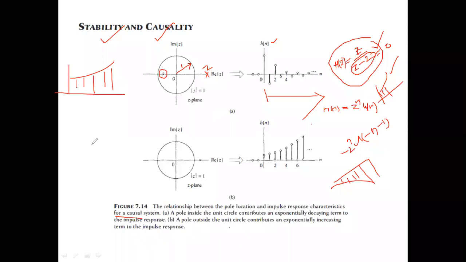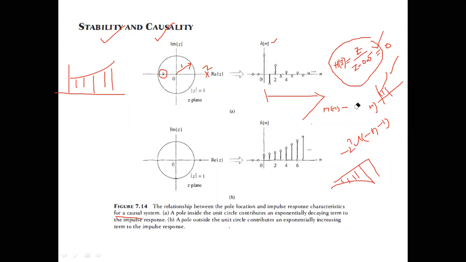Whereas, if at all I have z divided by z minus 0.5 in place of this, then what's going to happen?